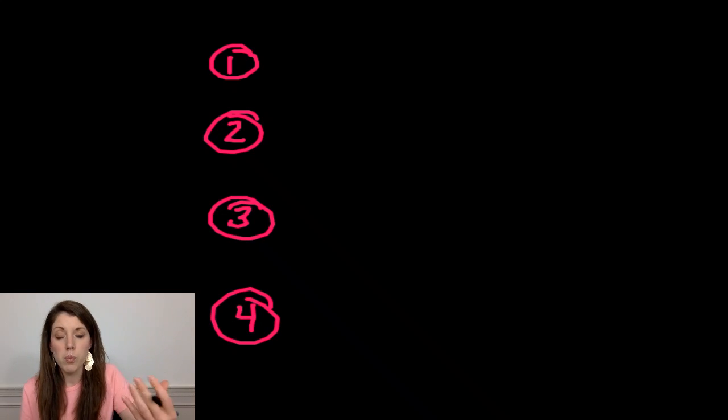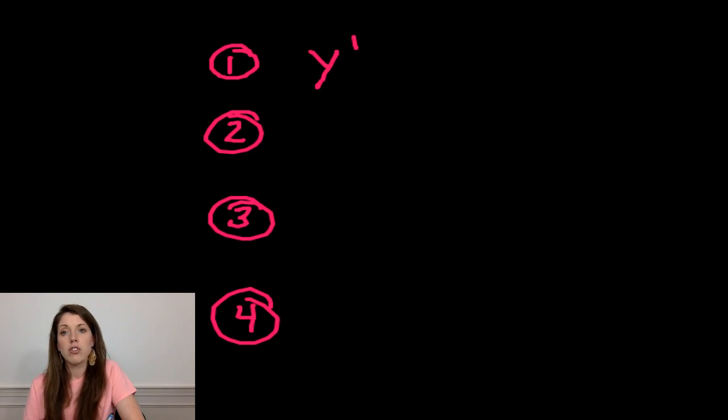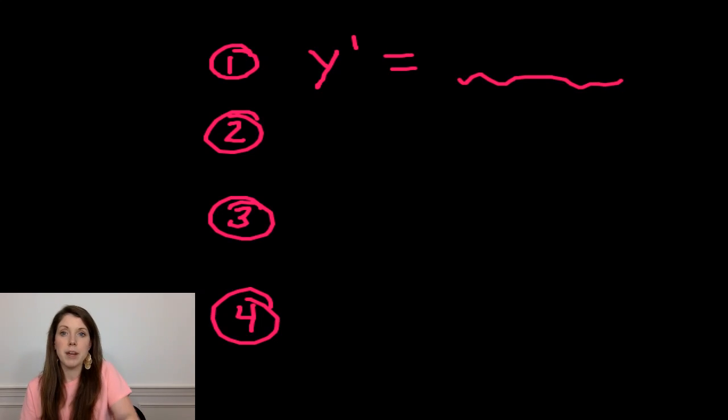The first and the most common way for us to define a derivative is by using y, because we know y is what we normally call a function. That's the most generic way of calling a function, y equals. But if it's a derivative function, we're going to call it y prime. So it's just like when we say y equals, but it's going to say y prime equals, and so on.